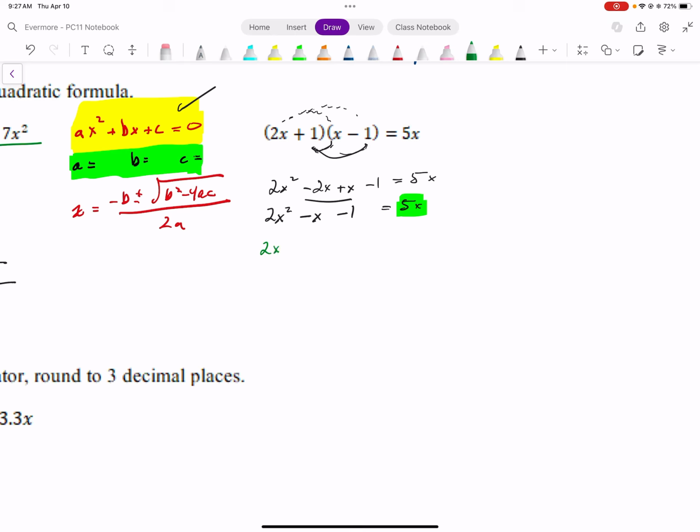So I end up with 2x squared minus 6x minus 1 is equal to 0. So I'm going to plug in those values. A is equal to 2, B is equal to negative 6, C is equal to negative 1. And I'm going to write out my formula.